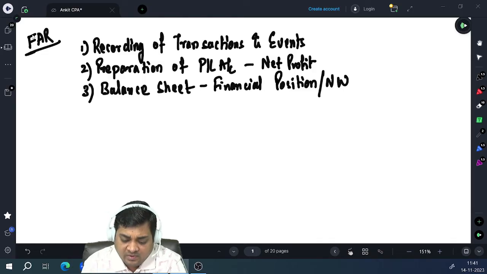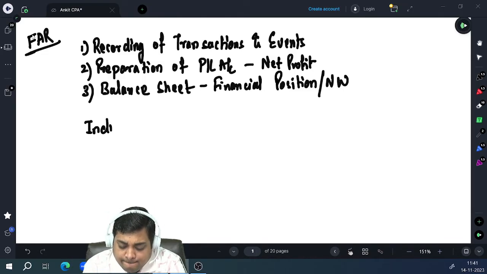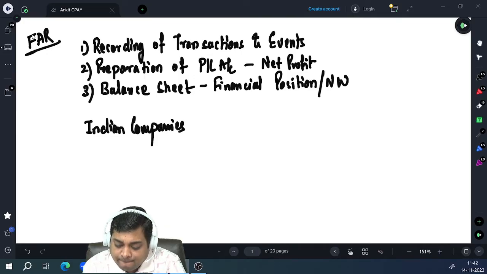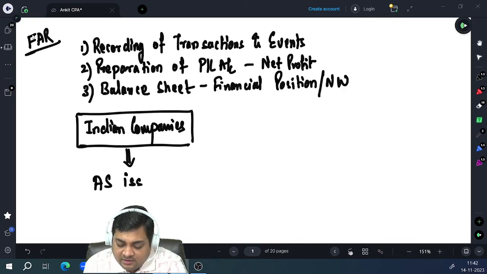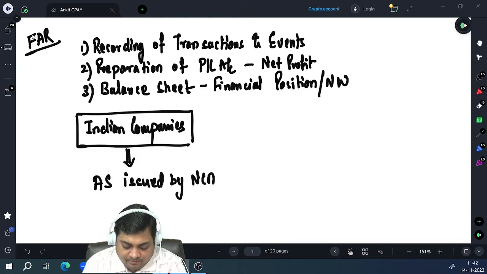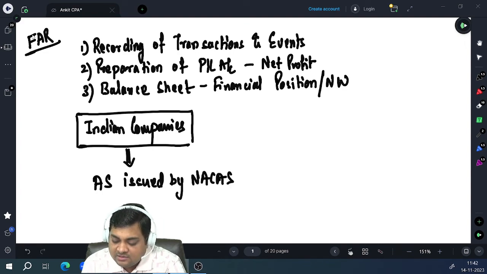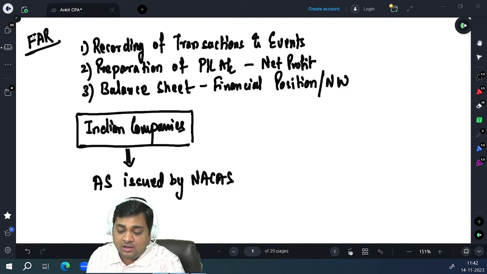So, if I talk about Indian companies, we have to follow accounting standard issued by NACAS, National Advisory Committee on Accounting Standards.